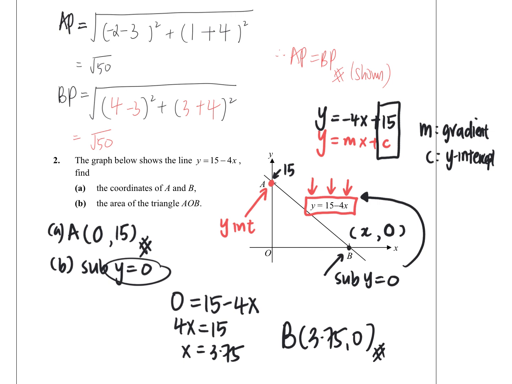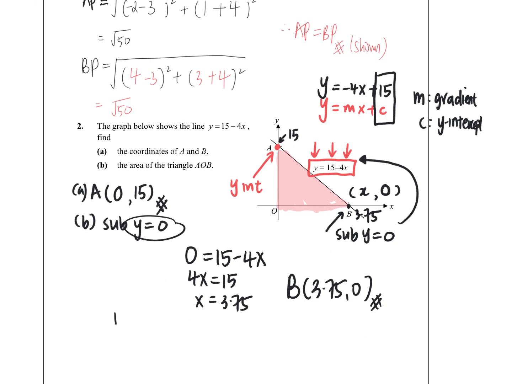Last but not least, I want the area. Kiran, how to find the area of the triangle? Which are the values that I should put in? What is the base here? Look at the diagram, it's written there already. Yeah, 3.75.